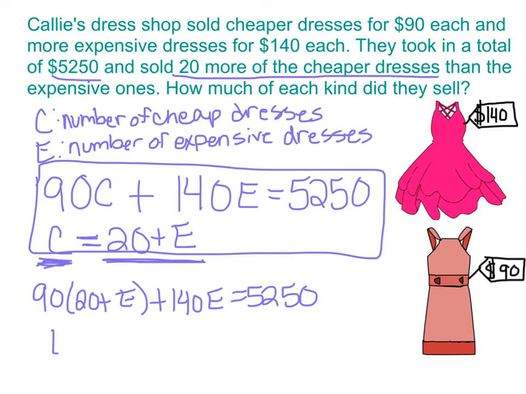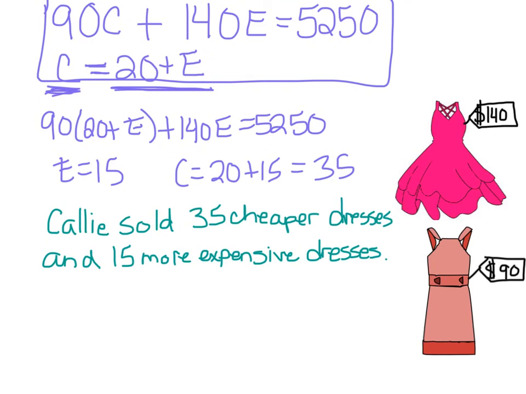Okay, E equals 15. Then C is 20 plus E, and 20 plus 15 is 35. So we have our final answer. Callie sold 35 cheaper dresses and 15 more expensive dresses.